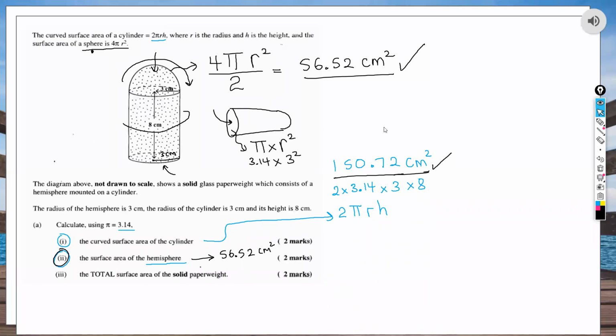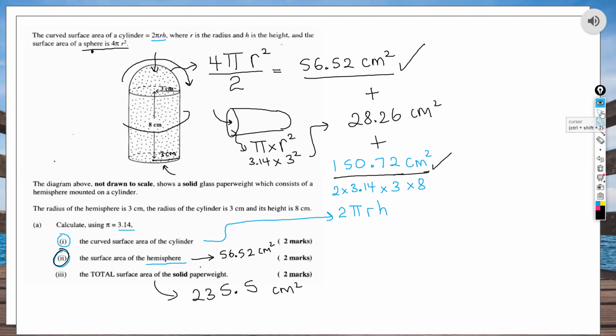For the face underneath alone, I am getting 28.26 centimeters squared. So let's add all 3 values and see what we get. 56.52 plus 150.72, and I'm getting roughly 235.5 centimeters squared.